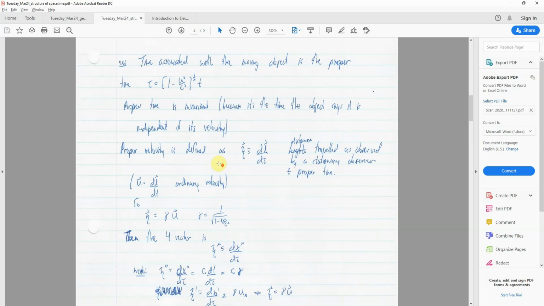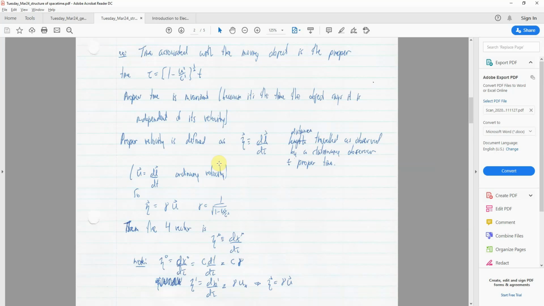We make this weird abstract definition of proper velocity, which would be the distance that the object travels as observed by a stationary observer divided by its proper time. The example they give in the textbook is a plane flying overhead. You see how far the plane flies, but the pilot in that plane tells you how long it takes to travel that distance, and that's the proper velocity. It's a strange way of defining it.